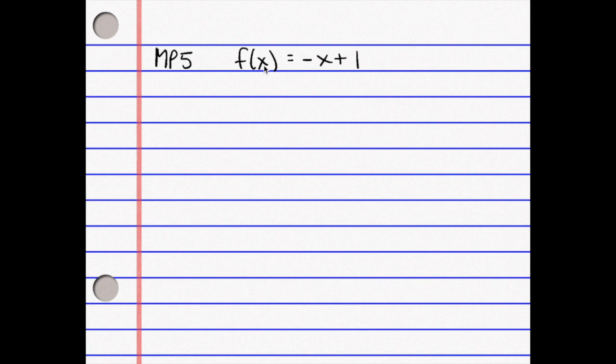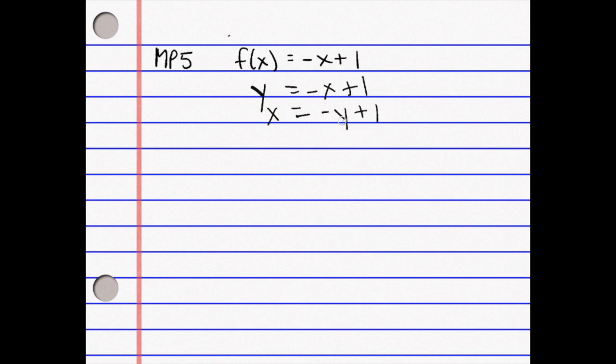Monitoring progress 5. So let's replace f of x with y. So y equals negative x plus 1. Now switch x and y. So x equals negative y plus 1.